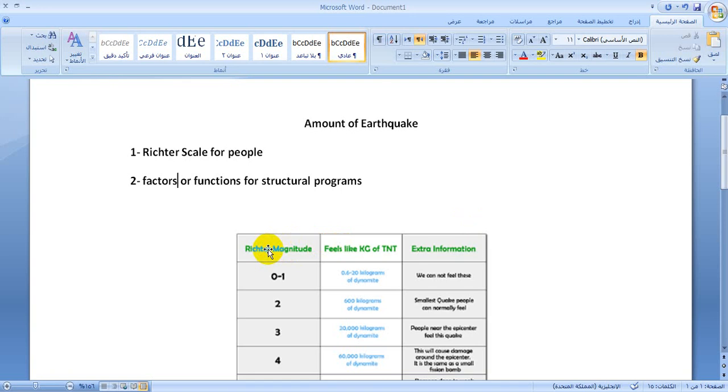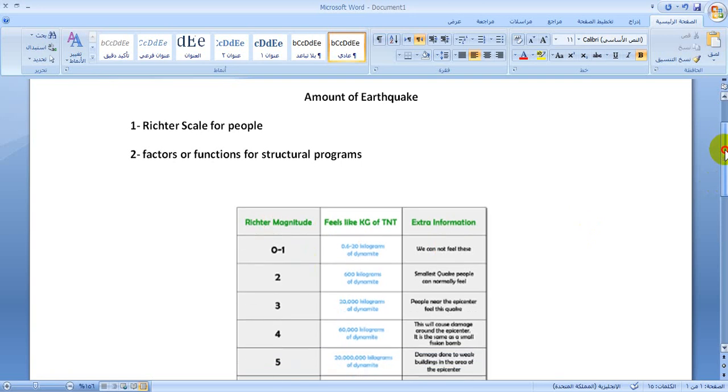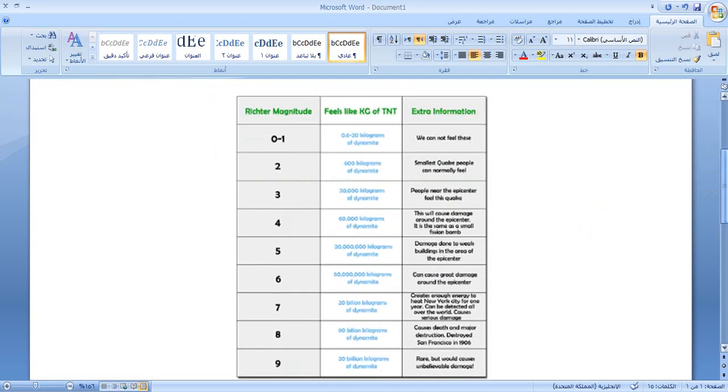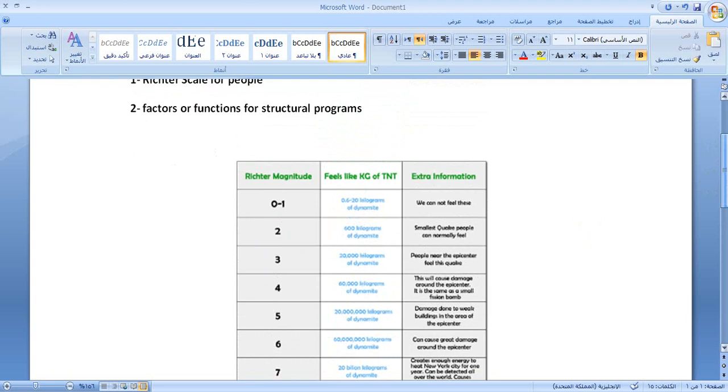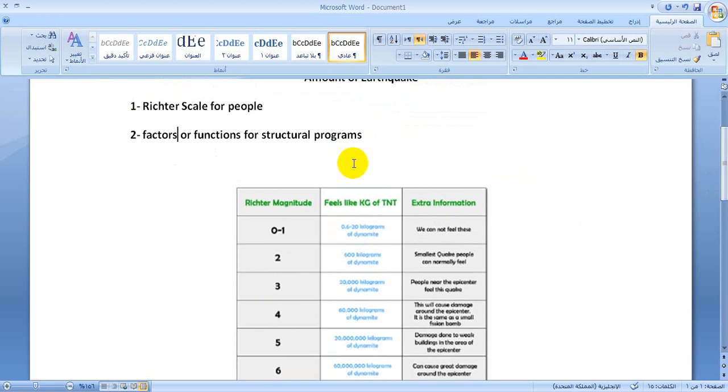He developed this scale in 1935, and this scale, as we showed before, is for expressing the magnitude of earthquake. So now we know about the Richter scale. Here is the second side of our topic: using factors or functions for structural programs.